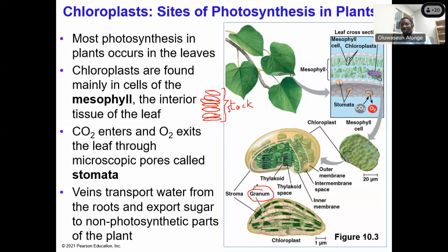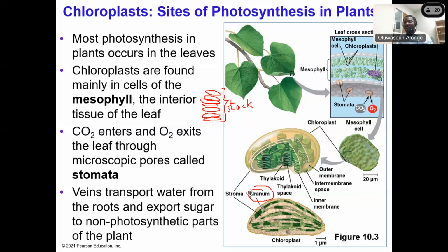Don't mix it up. The leaf has the chloroplast, and inside the chloroplast there's a thylakoid. The thylakoid is what I linked to a pancake. When you stack your pancakes after making them, that is a stack of thylakoids. A stack of thylakoids is called a granum.